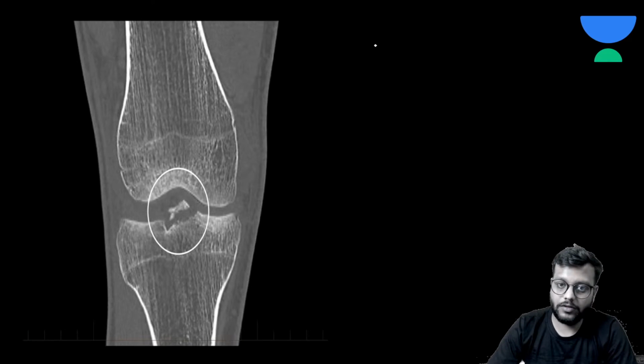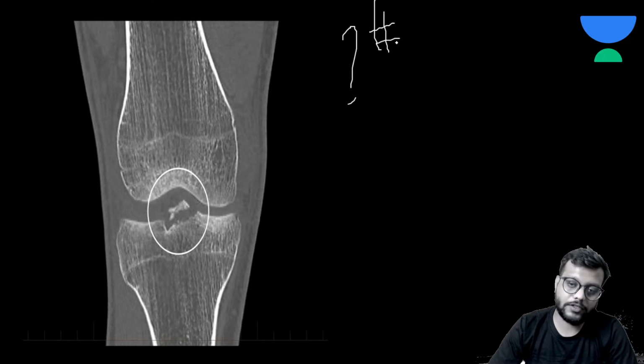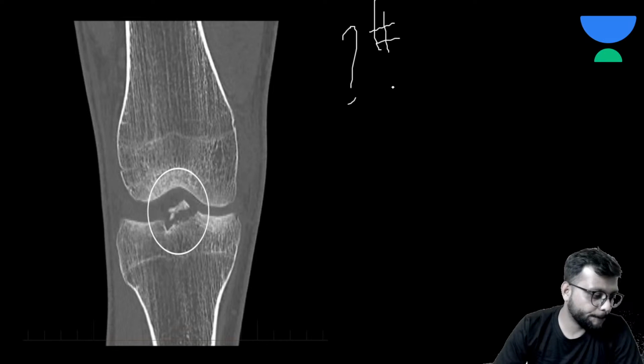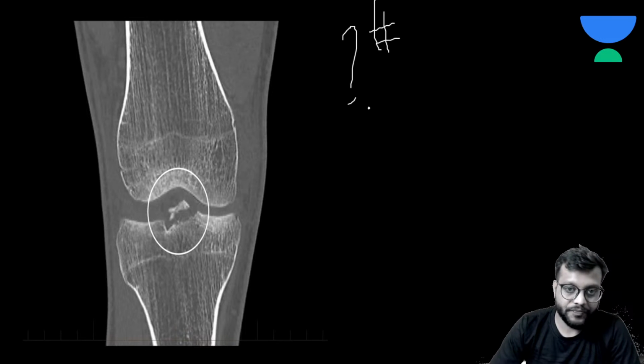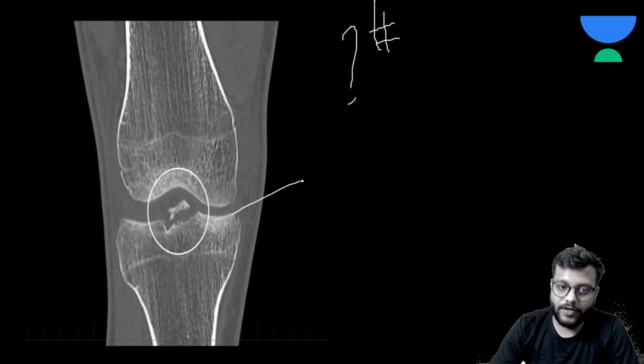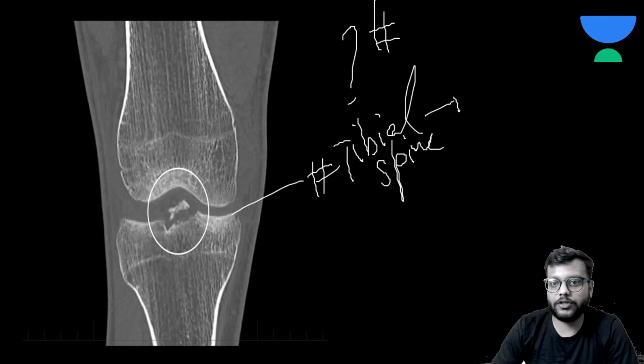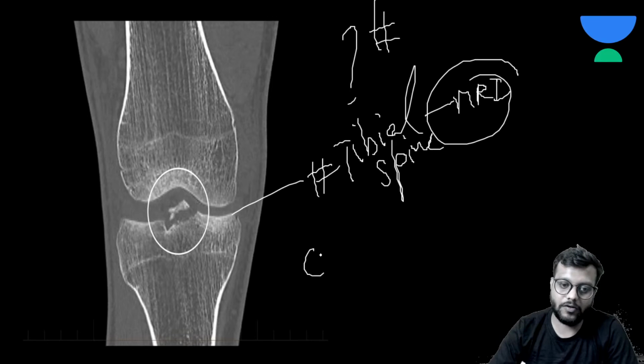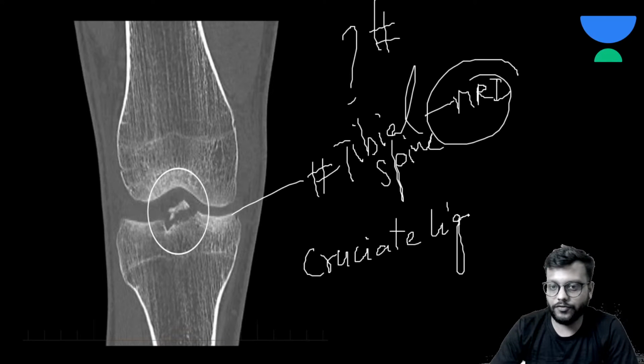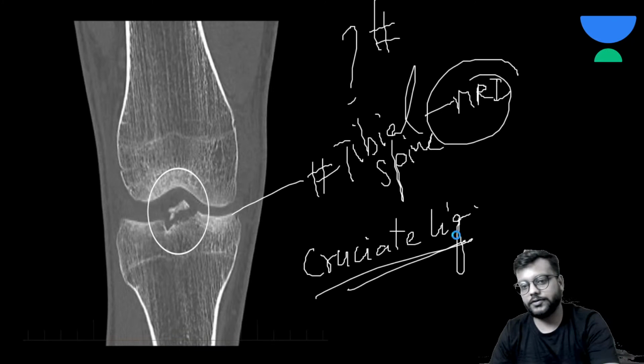Now what is this fracture? This is fracture of tibial spine, and always go for the MRI in fracture of tibial spine because there is almost always associated injury of cruciate ligaments.